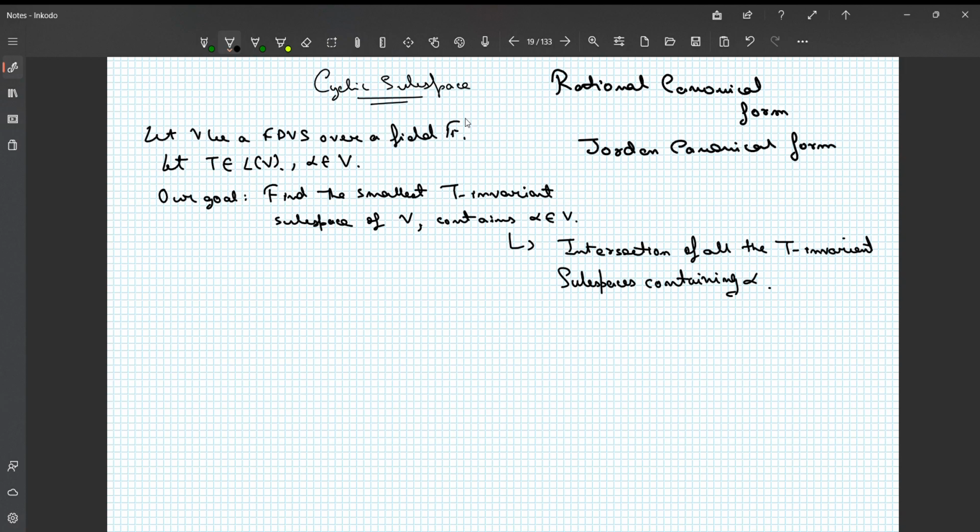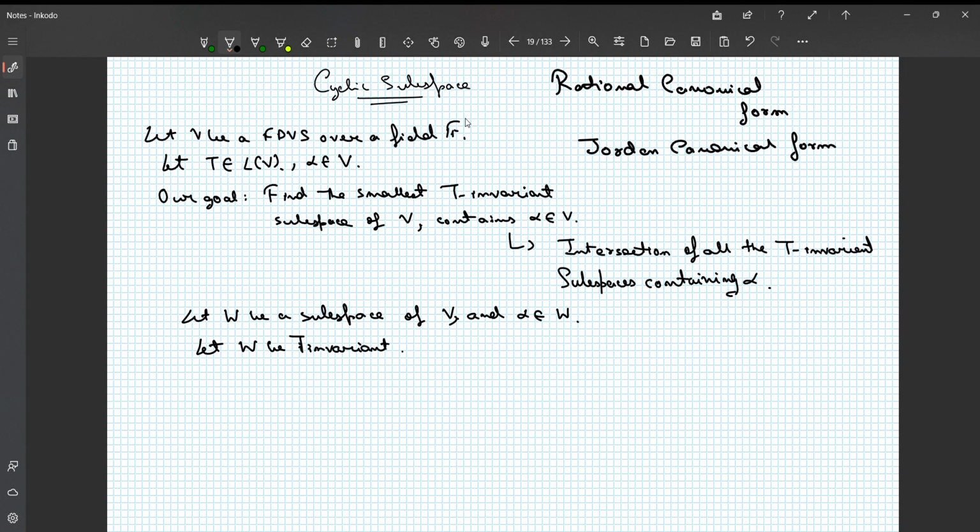What we do is that we consider a subspace. Let W be a subspace of V, and alpha is in W. Now let W be T invariant.